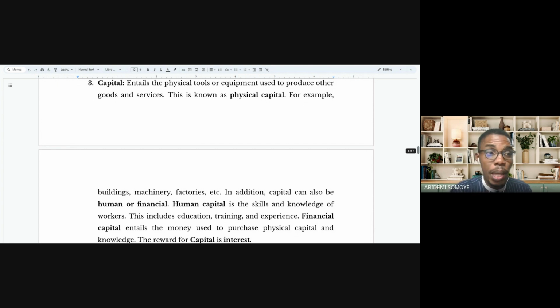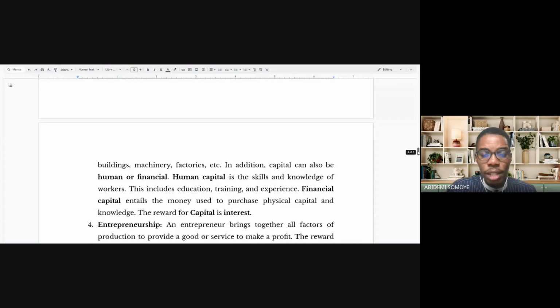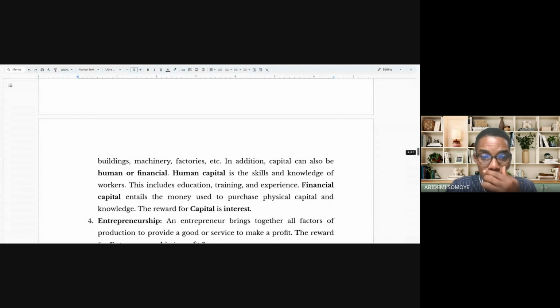That's the people who are intellectually capable to be able to run the affairs of the country in different sectors. For example, this includes education, training, experience, right? We also have financial capital. Financial capital entails the money used to purchase physical capital and knowledge. The reward for capital is interest.